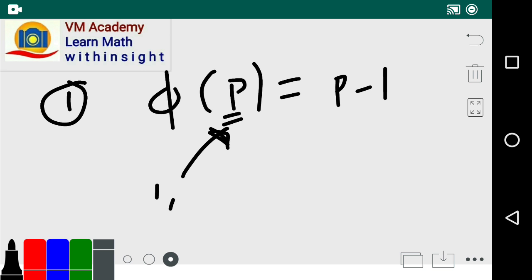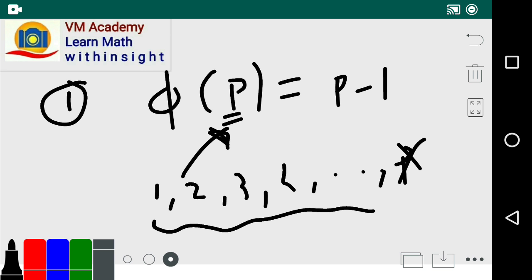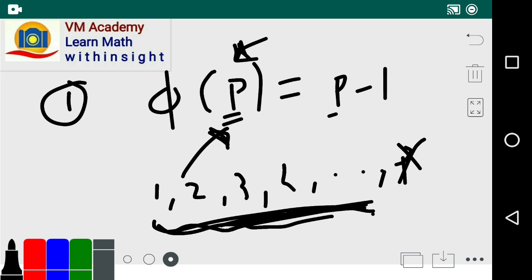Because if we list 1, 2, 3, 4 and so on up to p, then except the last number p, all other numbers do not share any prime factor with p. So GCD of p and these numbers is always 1. So these are the p minus 1 co-prime numbers.